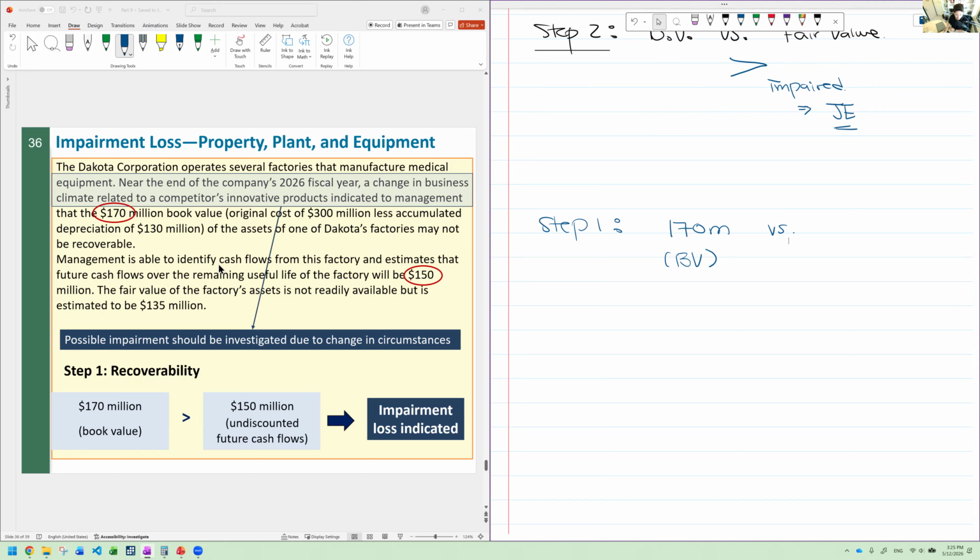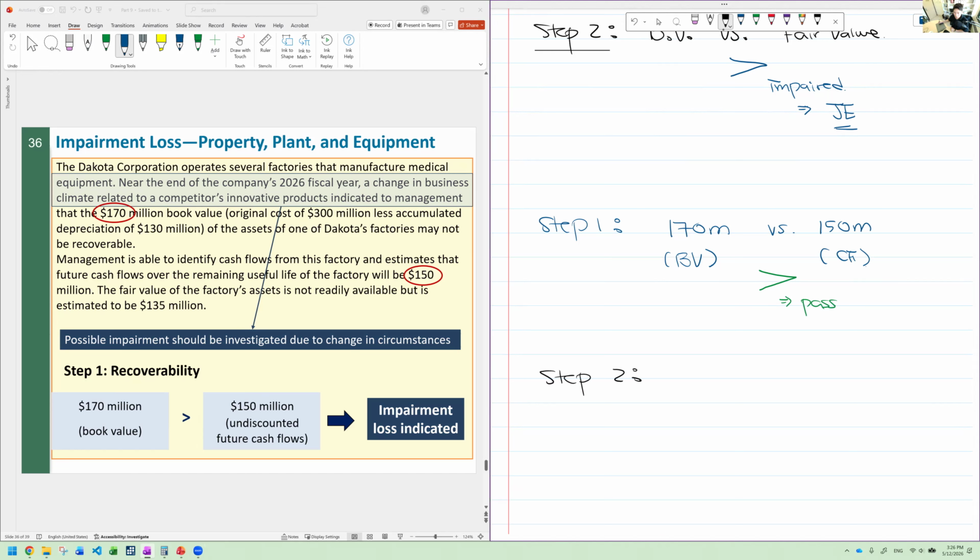Management is able to identify cash flows from this factory and estimates that the future cash flows over the remaining useful life will be $150 million. So the undiscounted cash flow is $150 million. It looks like my book value is greater than the undiscounted cash flow, so we determine that we passed the step one test. Then we're going to move on to step two.